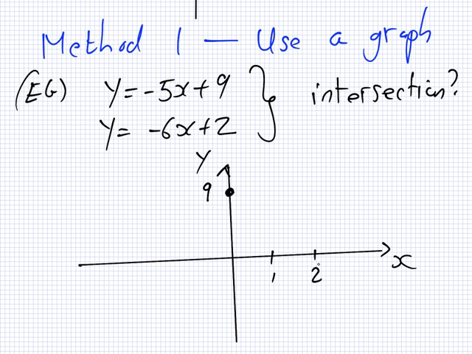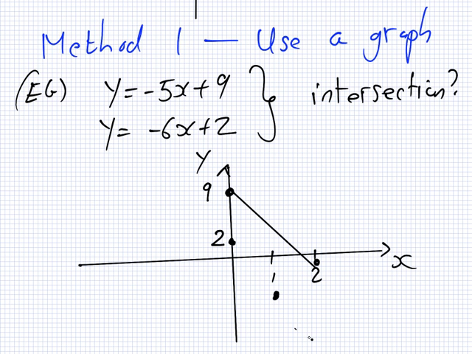So that would be here, and the line would look something like that. For the other line, if x is 0, what's y? 2. And let's use x is 1, for example. If x is 1, what's y? Minus 4, which would be about here.